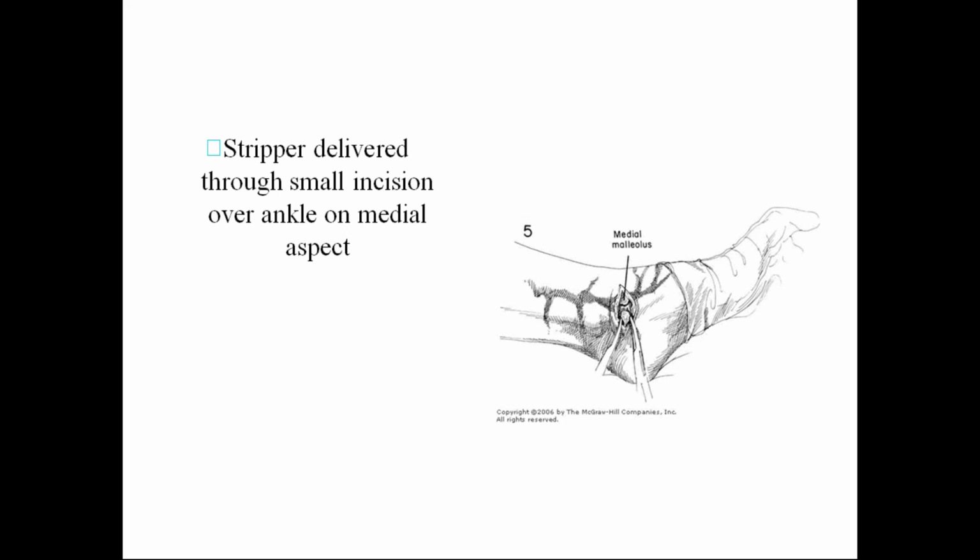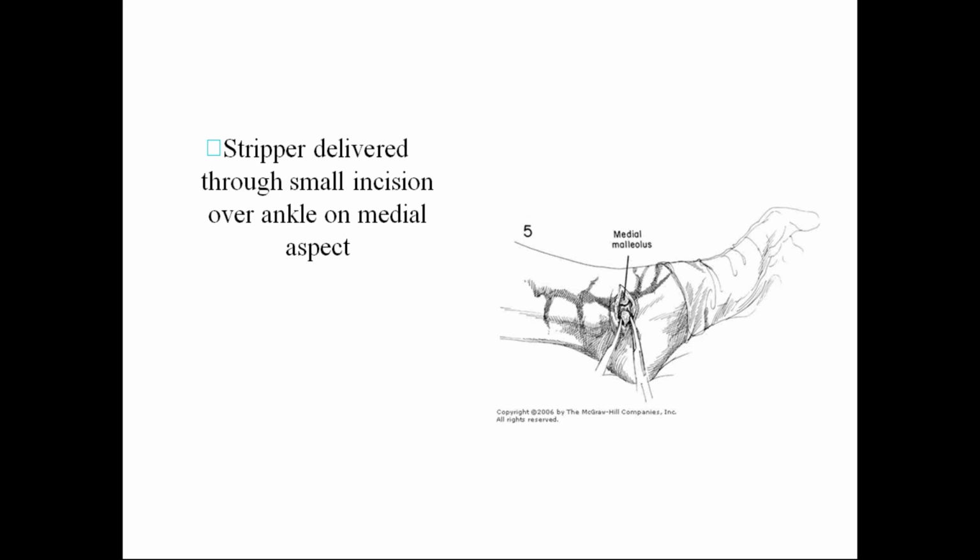Then we ligate first the distal end of the great saphenous vein and then the proximal end. Then we change the knob of the stripper, and again from upwards we pull the stripper along the vein. That is the procedure nowadays.